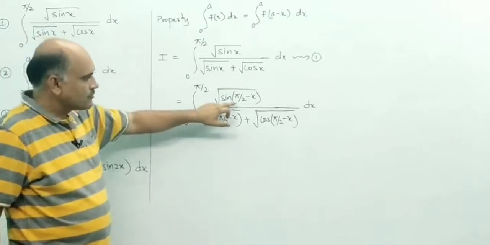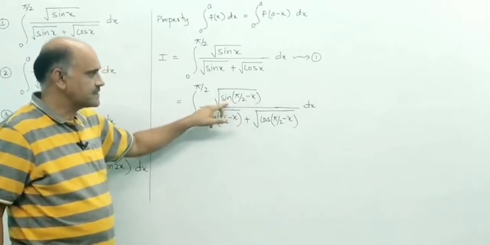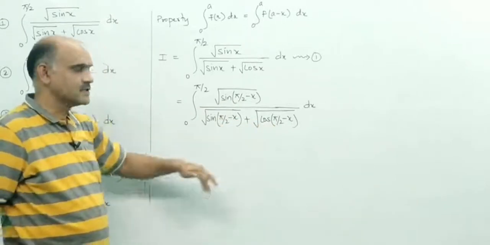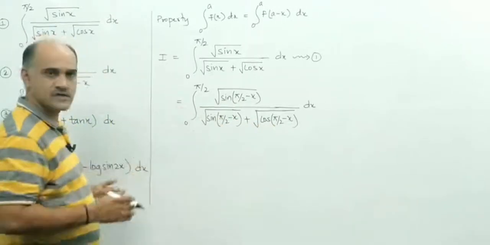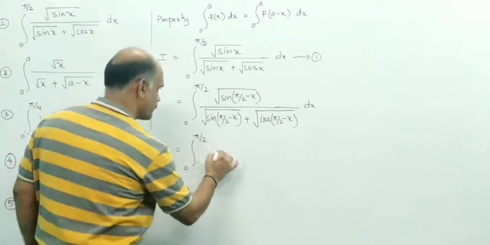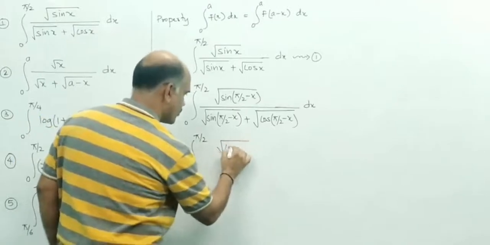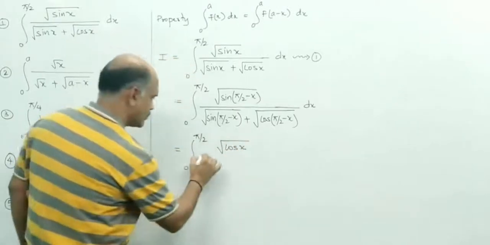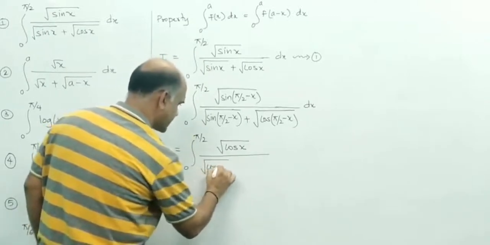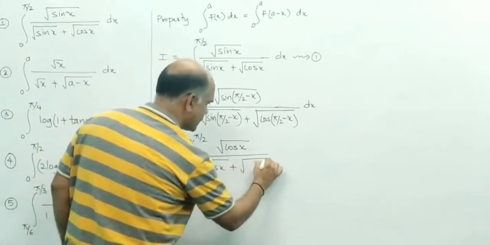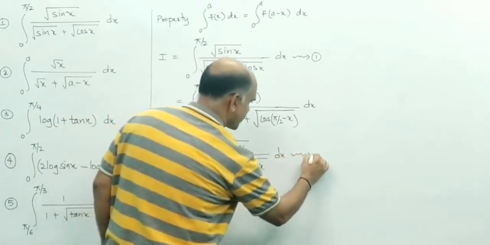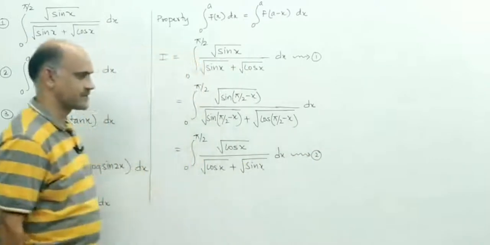Now sin of 90 minus x will become cos, cos of 90 minus x will become sin. So this will be 0 to pi by 2 root of cos x divided by root of cos x plus root of sin x dx. This is equation 2.